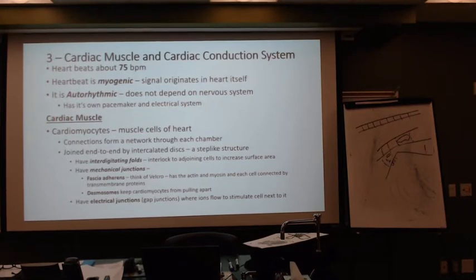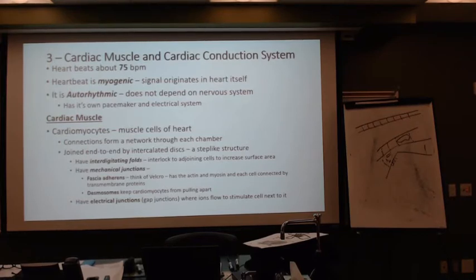Because when the action potential, does that ring a bell? All right, okay. Now, when the action potential starts, it has to be able to pass one cell to one cell to one cell to one cell.